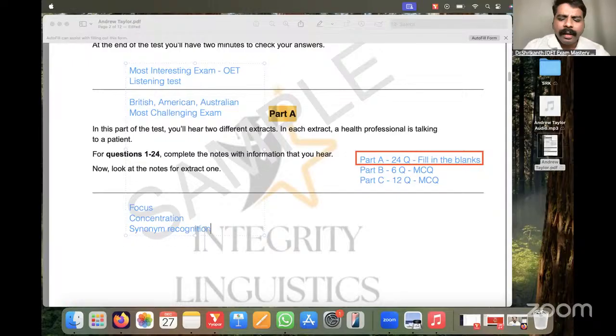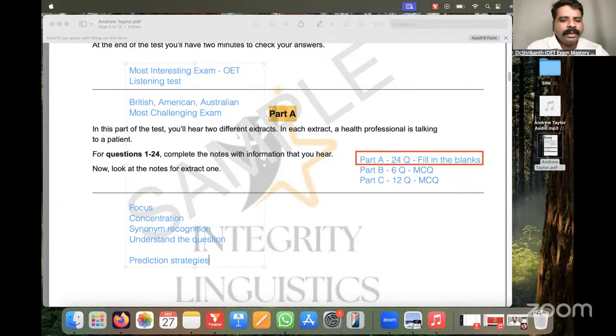You really have to understand precisely what the question is asking you, and there are also prediction strategies. All these things are interconnected, which makes the listening test the most interesting exam, but also the most challenging.